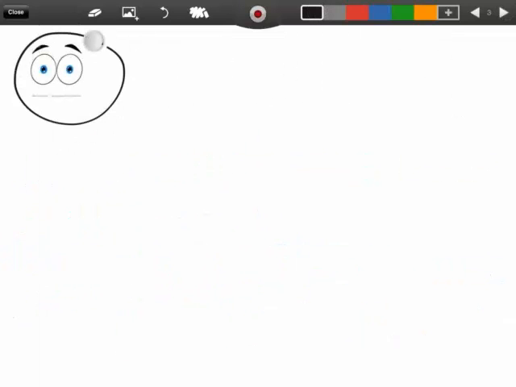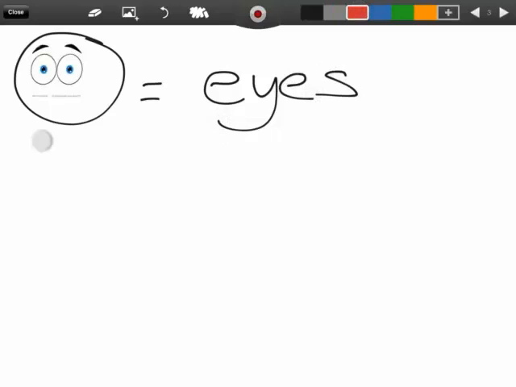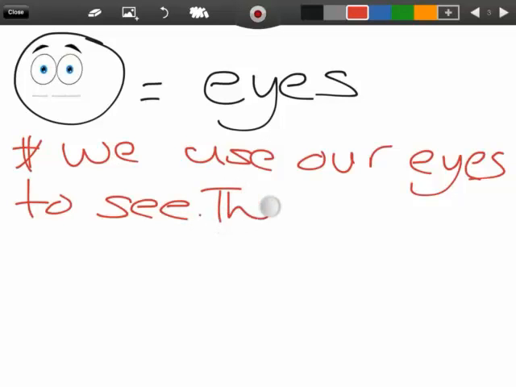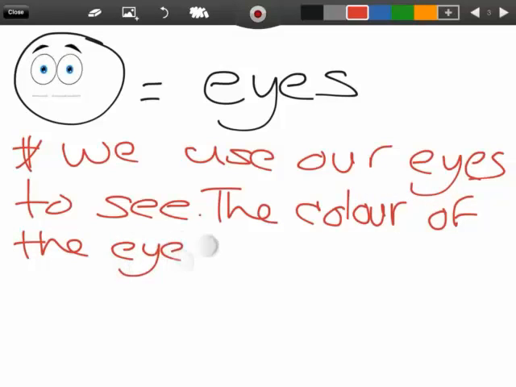This right here, as you can see in the picture, is called eyes. Well, what do we use our eyes for? We use our eyes to see. And the color of the eyes here, I'm going to go ahead and write that down for you also. The color of the eyes are blue.